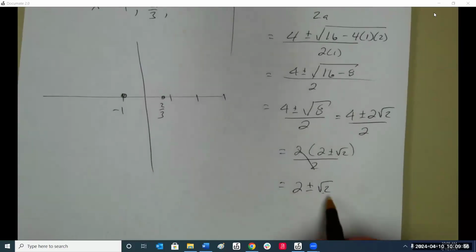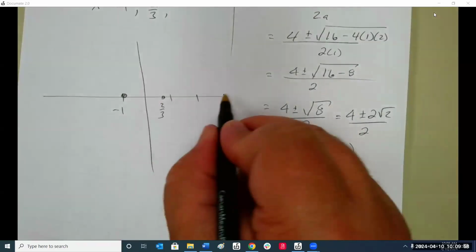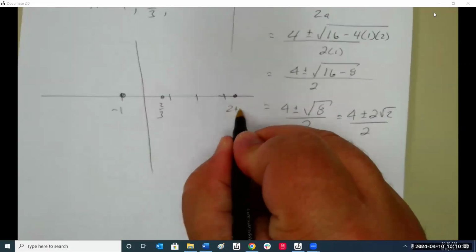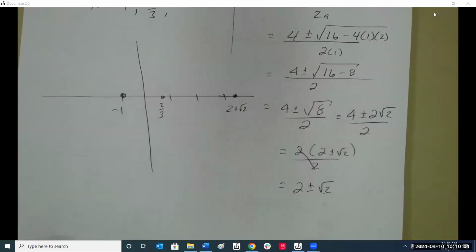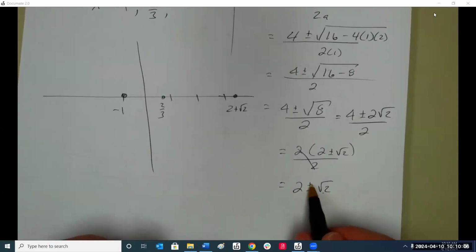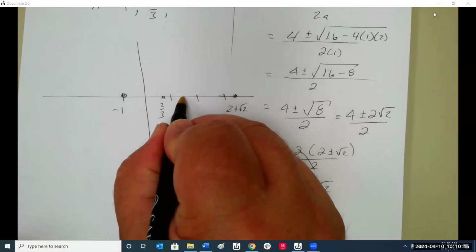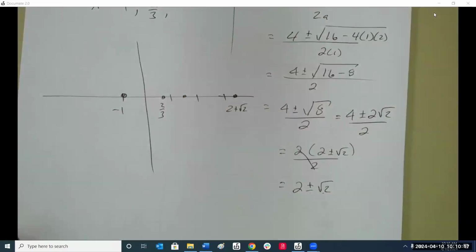Radical 2 is a little bit over 1, so it's 3 point something. And so it's 2 minus 1 point something. So 2 minus 1 is 1, so let's say 1.5.